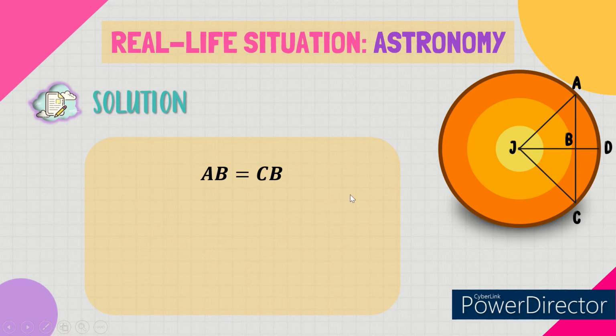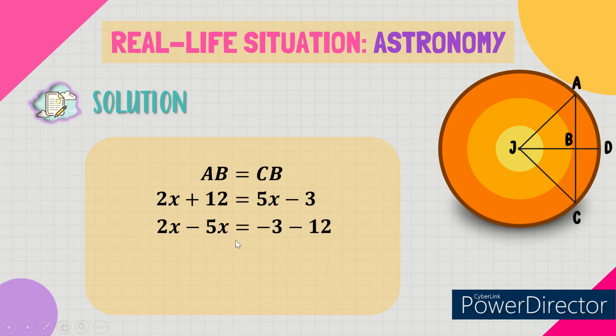Earlier it says that the value of AB is 2x plus 12 and the value of CB is 5x minus 3. So we will just substitute it and combine the like terms. We move this 5x to the other side so that the 2x and 5x are together, and the sign became negative because of the addition property of equality, and the same goes to this one.